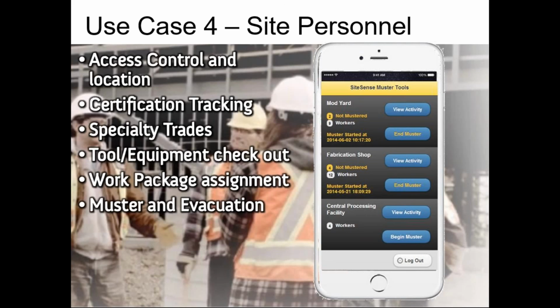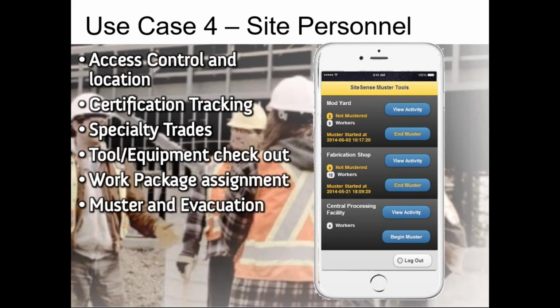Other things you can do with the mobile devices for personnel is equipment check in, check out. You can scan a piece of tool or equipment out to them easily and check it back in with a mobile device like this. They can also see their work package information.